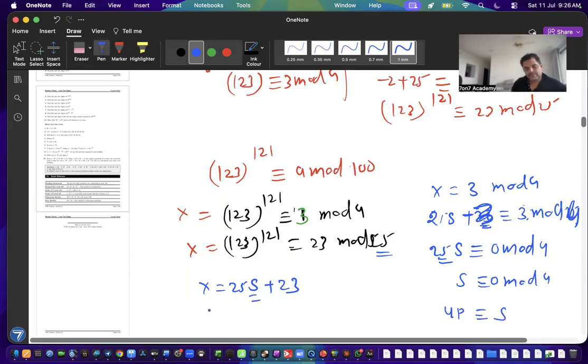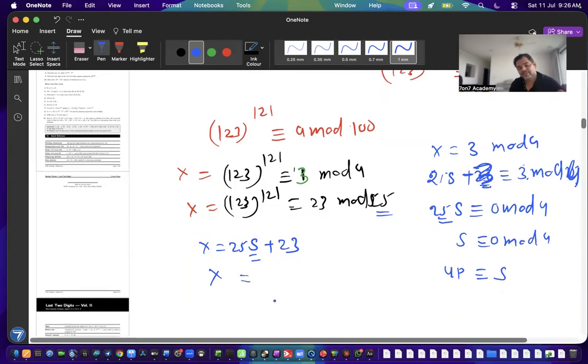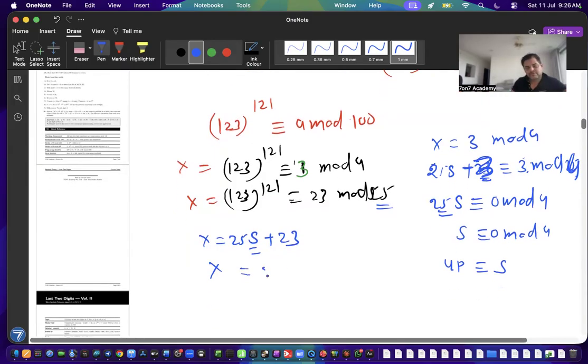You place it here because you want x, not s. So this is 25 times 4p plus 23. So x is 100p plus 23. When you divide this big number by 100, you'll get remainder 23.